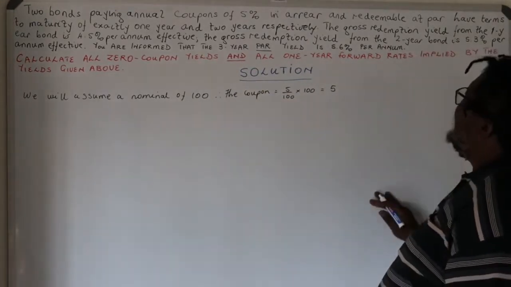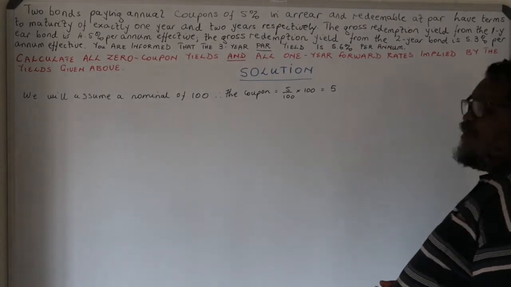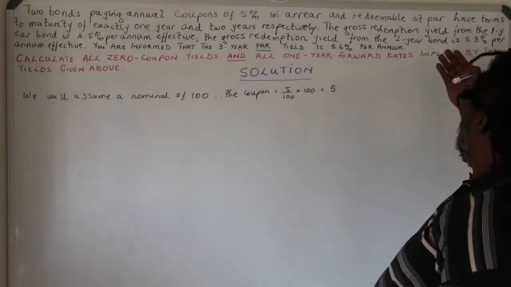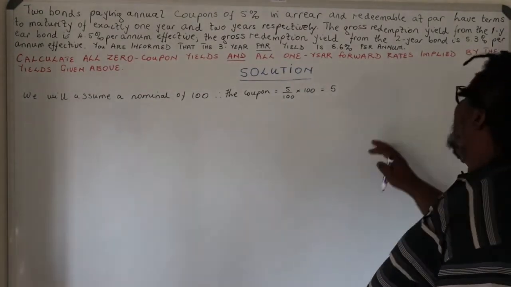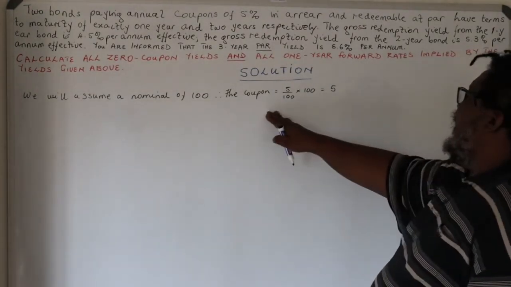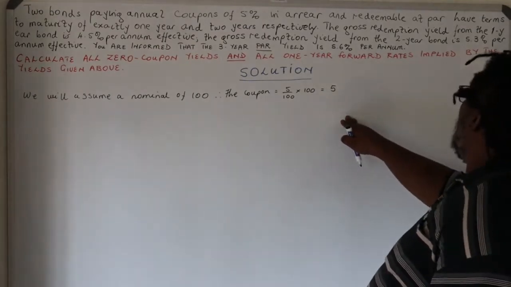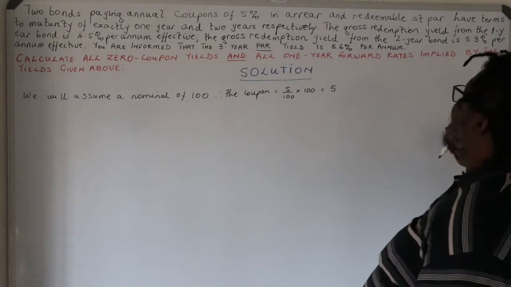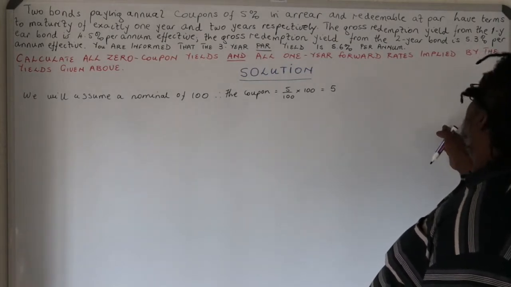And the yield, what is the yield? The yield is the discount rate. That is the rate at which the coupons and the end payments accrue interest.